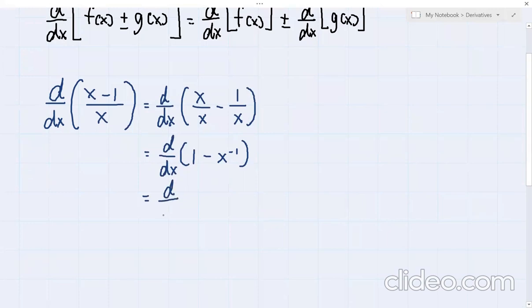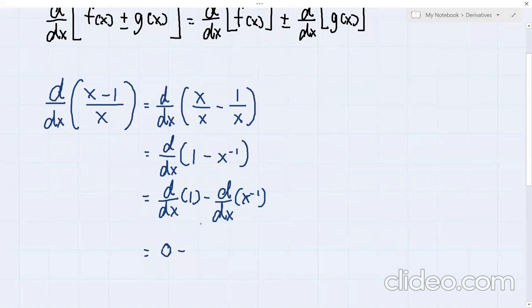So, we will have the derivative of 1 minus the derivative of x raised to negative 1. O, diba? So, that's it. Ngayon, kunin natin yung derivative ng 1. It is a constant term, so magiging 0 to. 0 minus derivative ng x raised to negative 1.